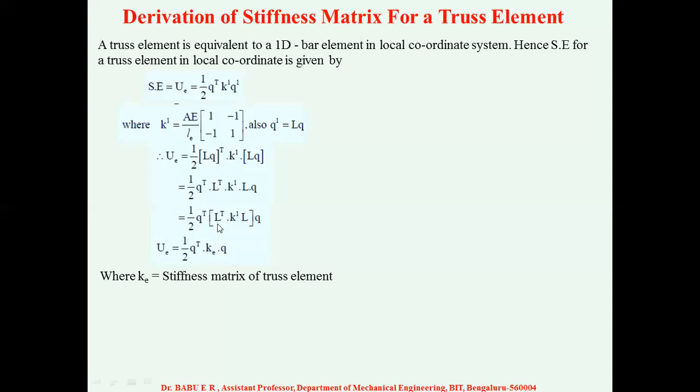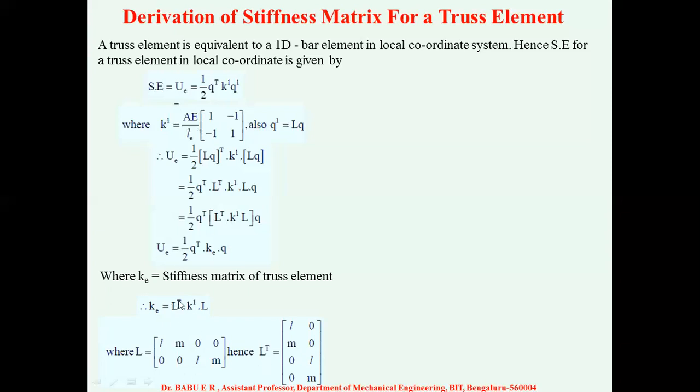Now we have to find out the value of this, right? So Ke, which equals L transpose K dash into L. So we know from the previous derivation, the transformation matrix L is given as Lm 0 0 0 0 Lm, and hence you take the transpose of this: L transpose, which equals L 0 M 0 0 L 0 M, and K dash is nothing but the stiffness matrix of the bar element.